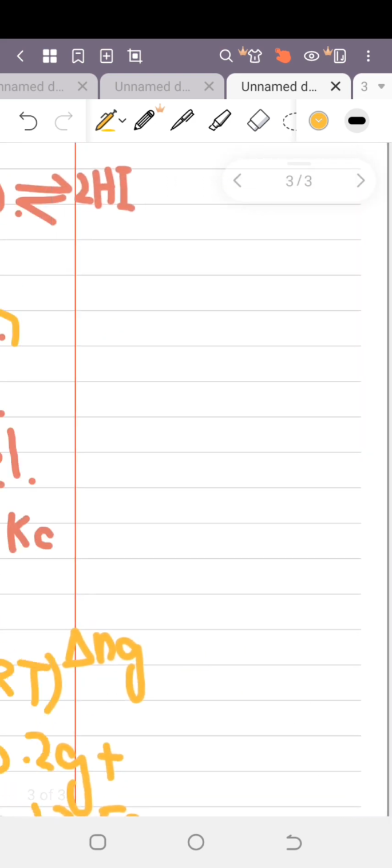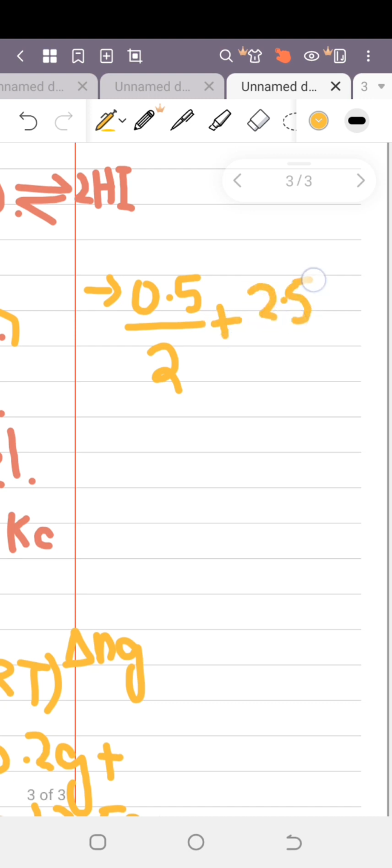You divide each by its molar mass. So we have 0.2 for hydrogen, which has a molar mass of 2, plus 2.54 for iodine, divided by 254, and the product 2.56 divided by 128.